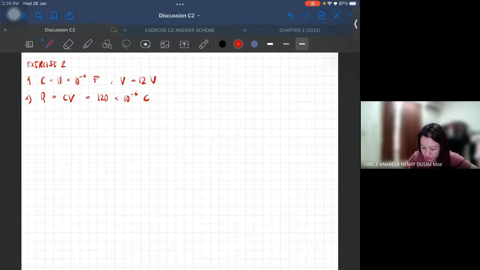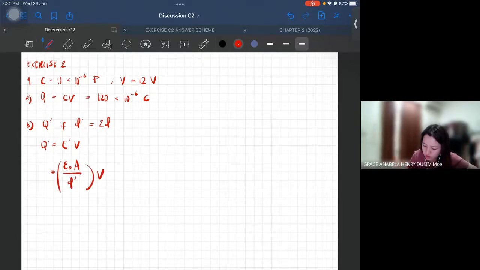Then question B, we have to calculate the charge if the separation is now twice the original separation. So the separation is doubled. Write the equation again, but we have to find the new capacitance, while the voltage remains constant. So C here is just epsilon naught A over D prime, where we substitute 2D.